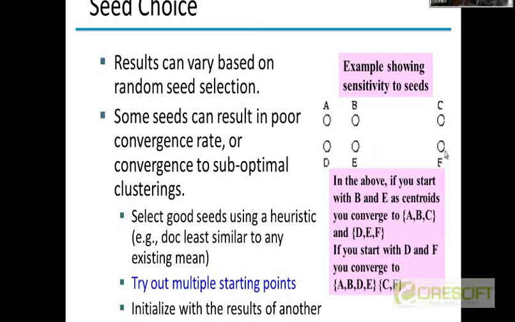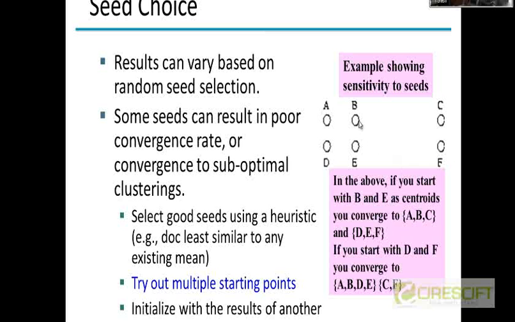In the next step, would your clusters have changed? No, they would have remained the same, because the points along this line would have been closer to this particular centroid than to the other centroid. So your algorithm would have converged with the clusters A, B, C, and D, E, F.